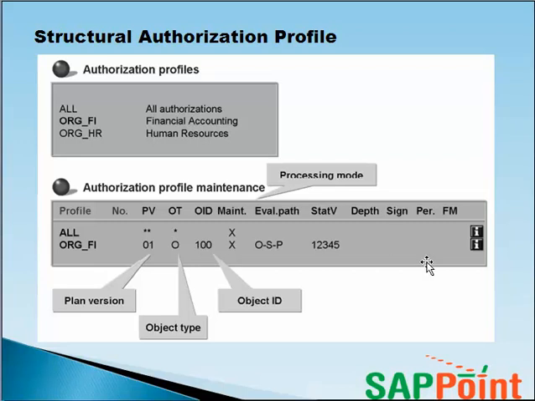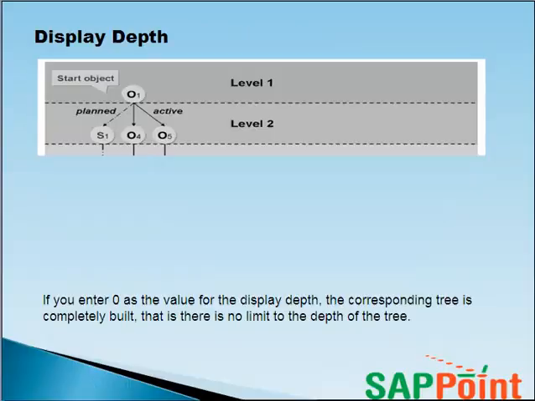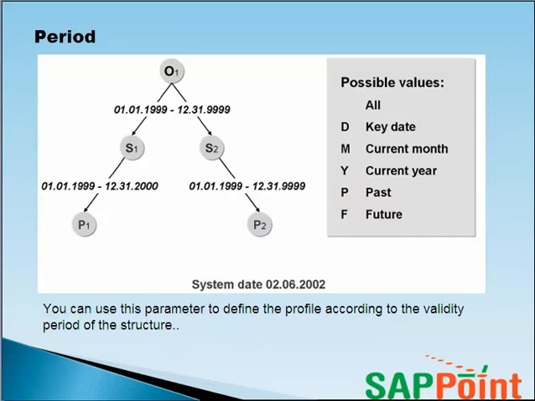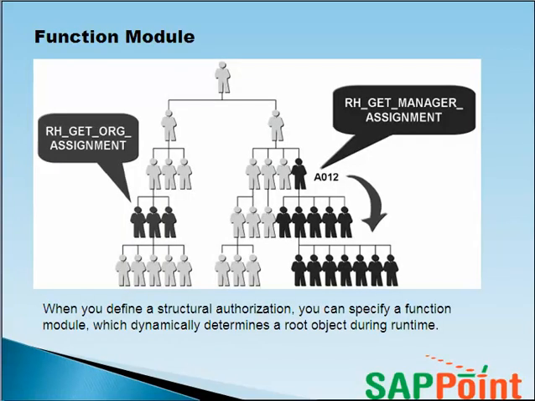Let's go back to that function module slide. In the area in which you have specified the organization assignment to be determined dynamically, you do not make an entry in the object ID field.